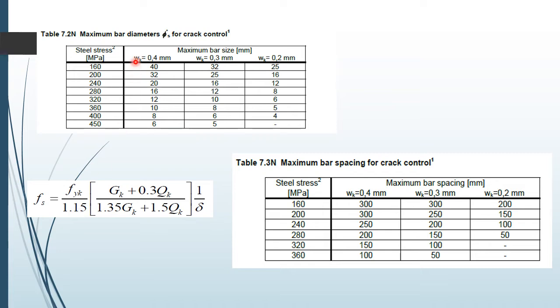For maximum bar diameter, we have crack widths of 0.4, 0.3 and 0.2. Once we get our steel stress and crack width, we can determine our bar size. Similarly, for maximum bar spacing, all of these values are the values of spacing between bars.